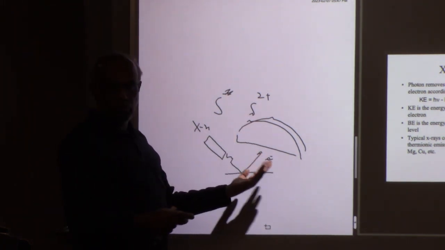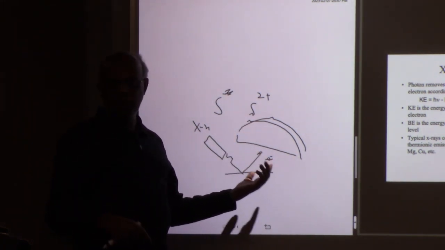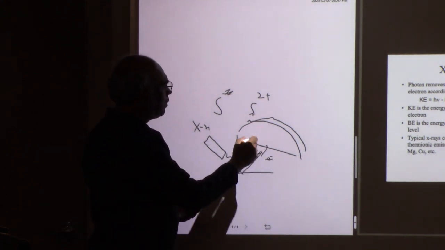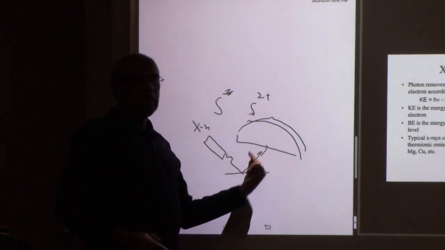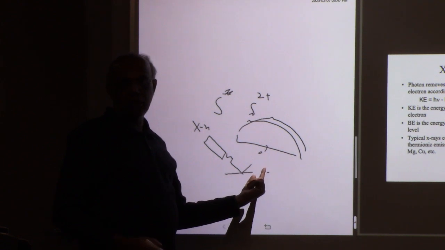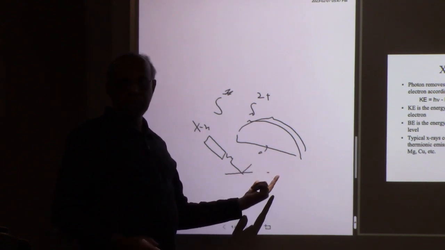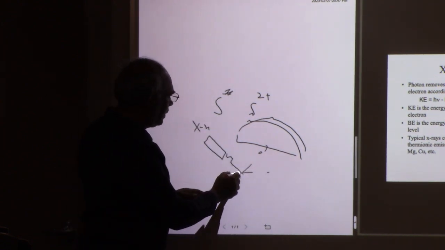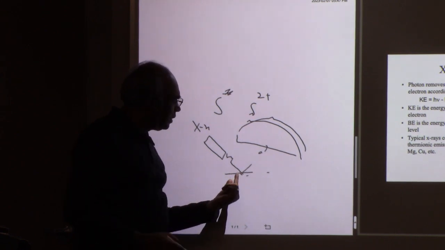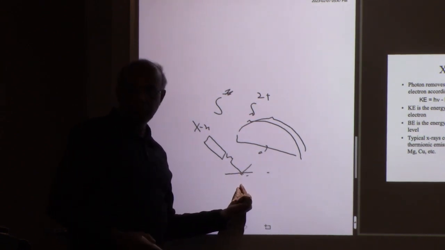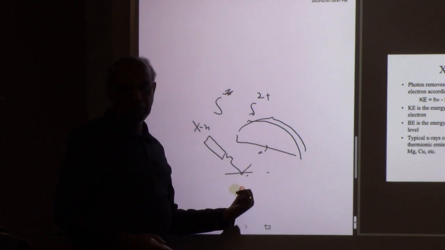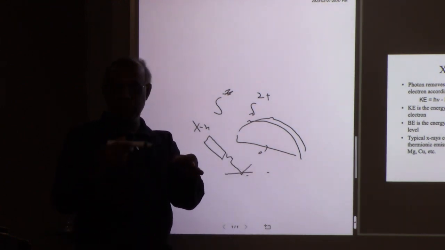That's what I want to show you, and take you and show all this equipment. This detector will collect the kinetic energy of that electron. If you measure the kinetic energy, then you can get the binding energy of the atoms in this material. Each material has its own binding energy, right?